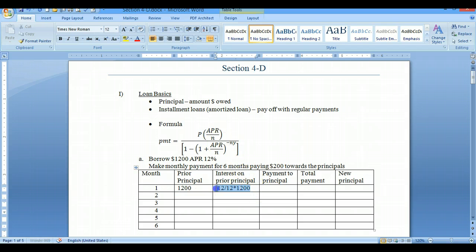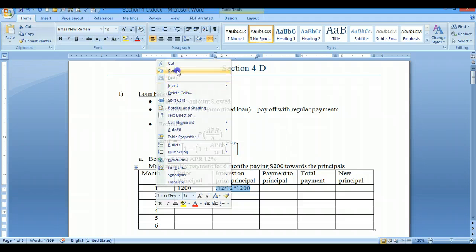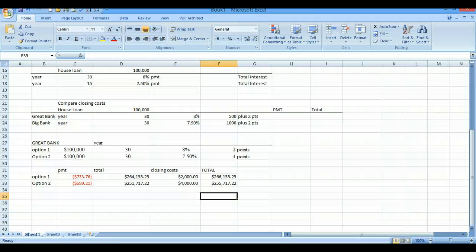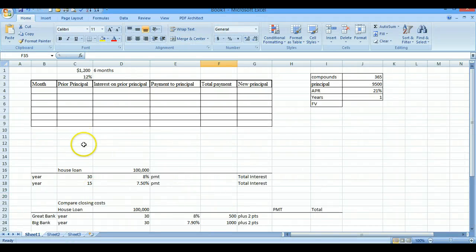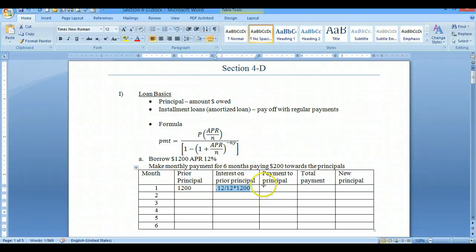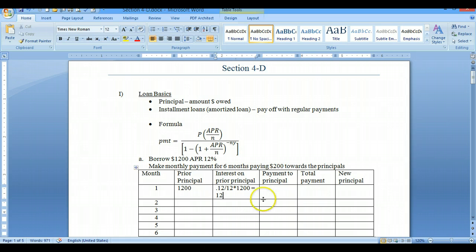So I'm going to copy this. You can go ahead and use your calculator, but because I want to show you, I have some things already pre-canned for later, so I'm just going to type that into some cell. There we go, $12. Okay, coming back, this is equal to $12.